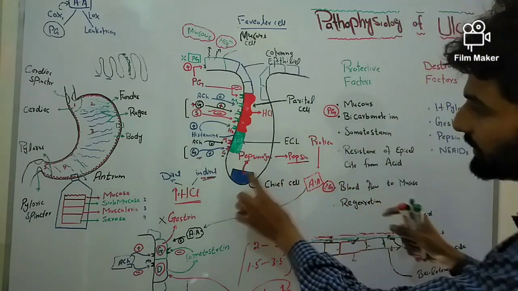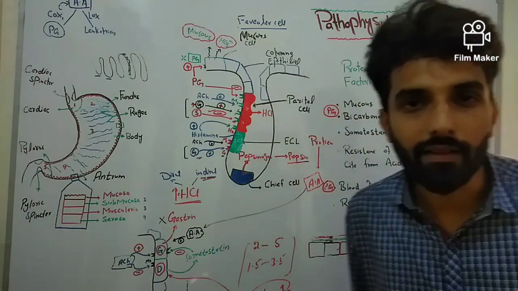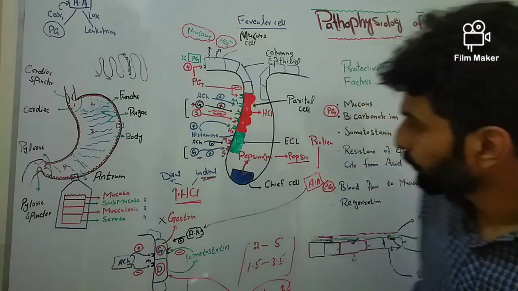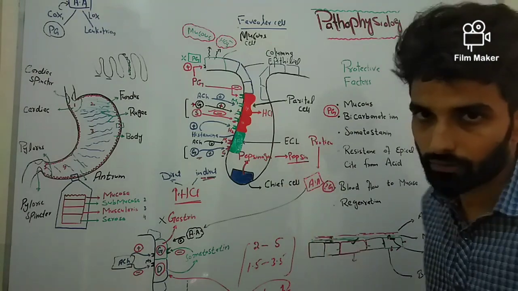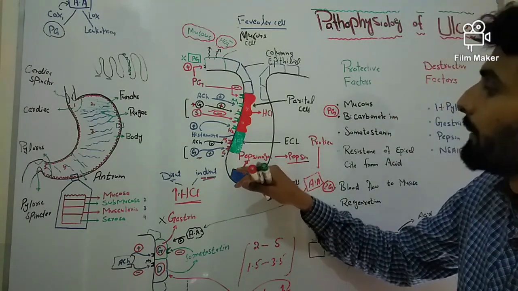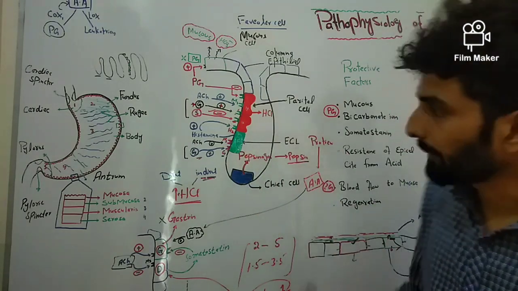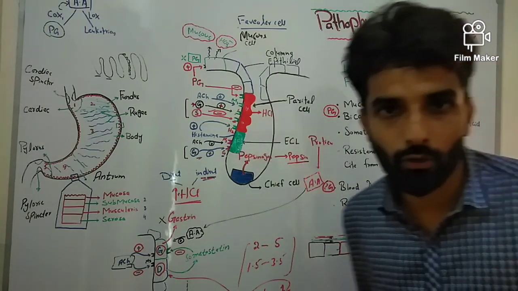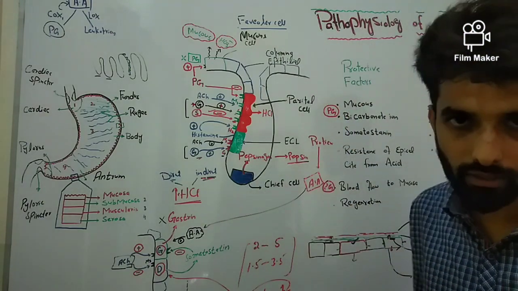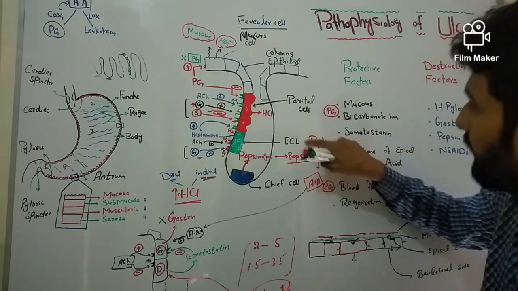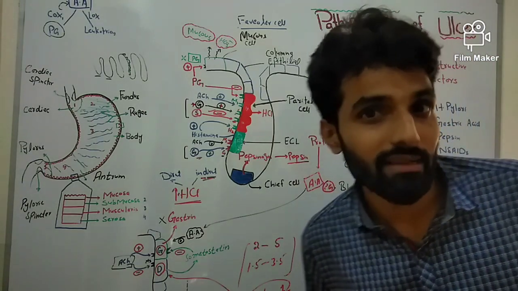Now let's move toward the chief cell to discuss this point. We know that the chief cell will release pepsinogen, and to get pepsinogen converted into pepsin, we need HCl. In the presence of HCl, this pepsinogen will be converted into pepsin, the active form, and this pepsin will digest protein and convert it into amino acids.